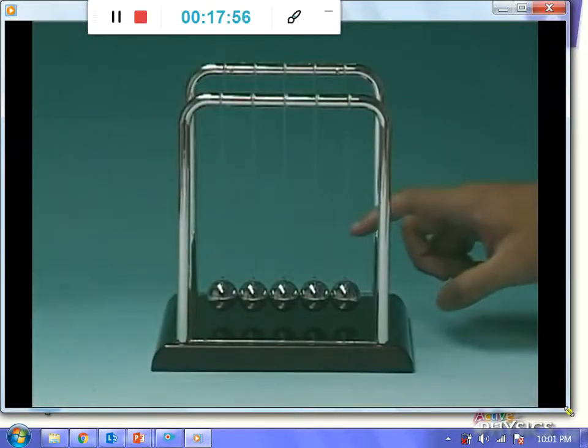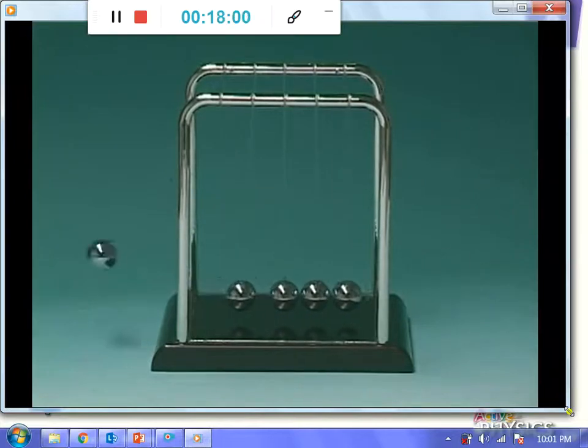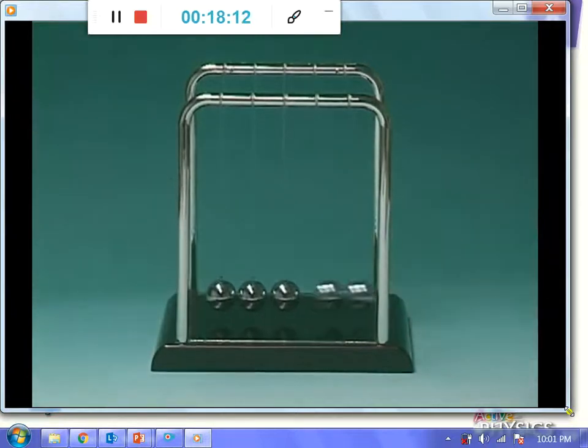Try to release a ball in the Newton's cradle from a certain height. What do you observe? Now, repeat by releasing 2, 3 and 4 balls respectively. What do you observe in each case?